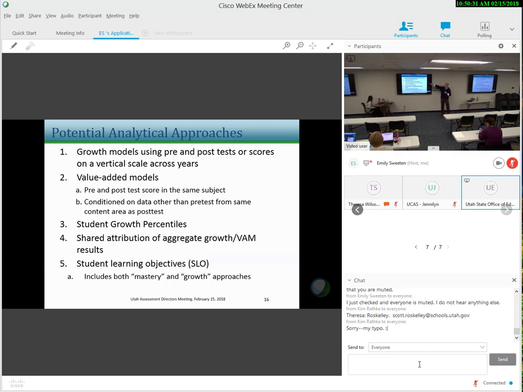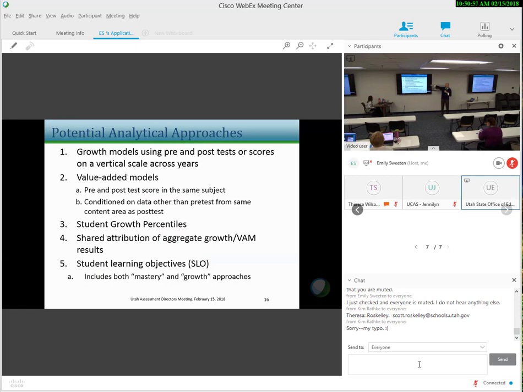So people are developing, I should have quotes around growth models, using either pre-test and post-test scores like fall to spring, or scores like spring to spring on a vertical scale. That's a common thing. Value-added models, I don't know many locals who are doing value-added modeling unless they're working with an outside agency, often a university.